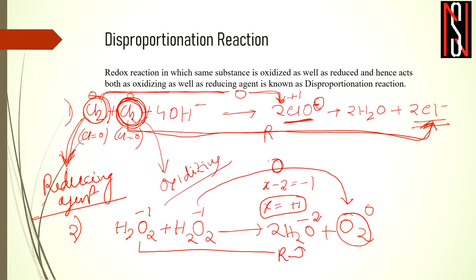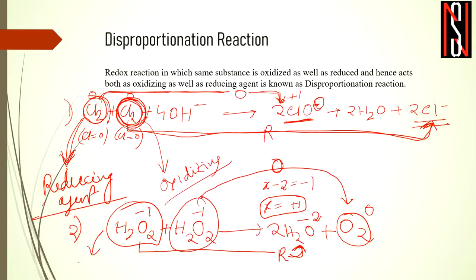Or one H2O2 is acting as an oxidizing agent, and another H2O2 is acting as a reducing agent in the same reaction. Now which H2O2 is acting as an oxidizing agent? Say for this H2O2, it is being reduced to H2O. So it has the property to be reduced itself or to oxidize the other H2O2.